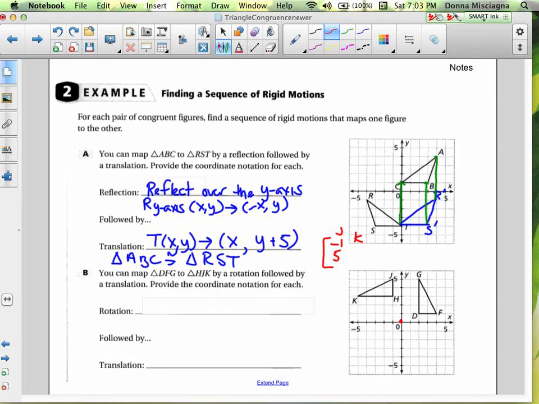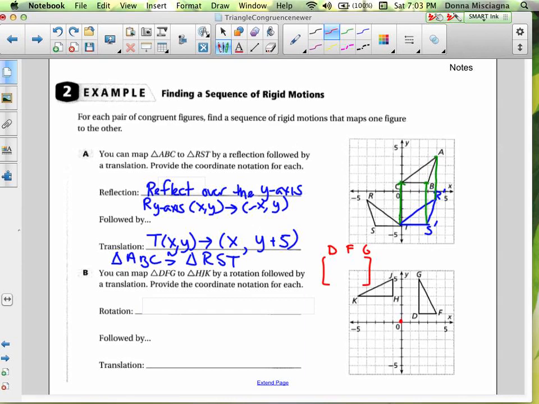Excuse me, it was DFG we were mapping, let's just start all over again. Sorry, DFG. I just happened to notice the other figure first, but that's not the one that's being mapped. It's DFG.